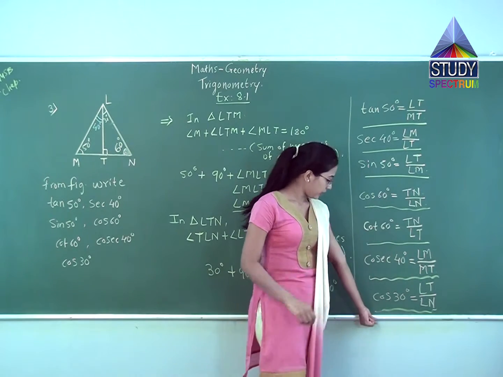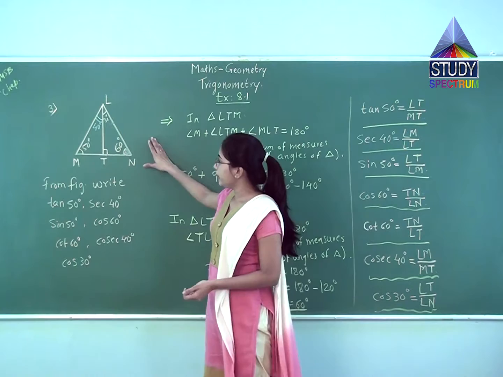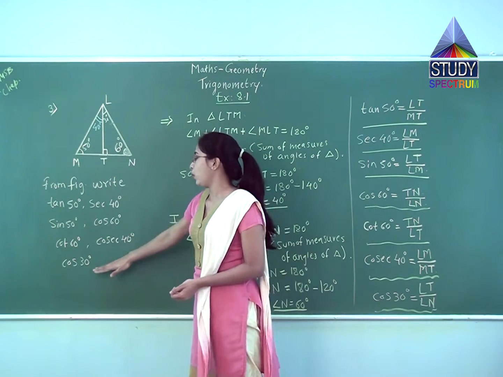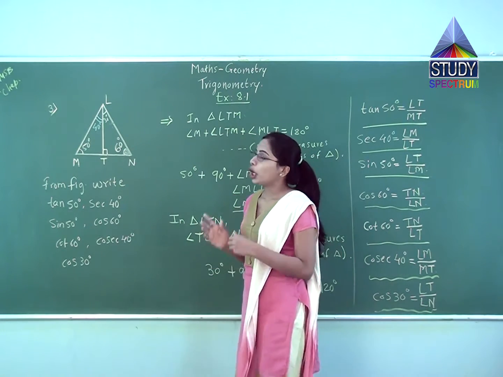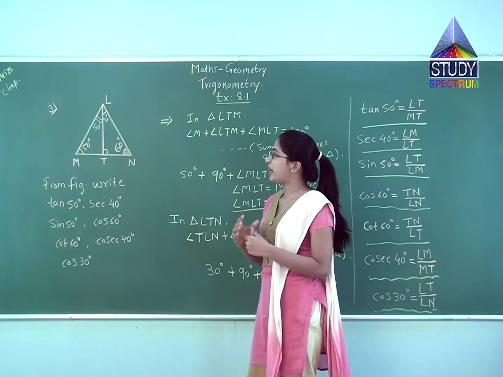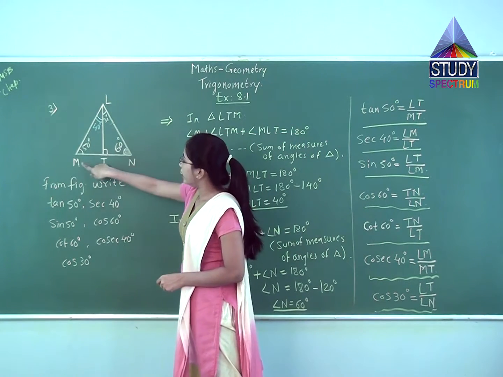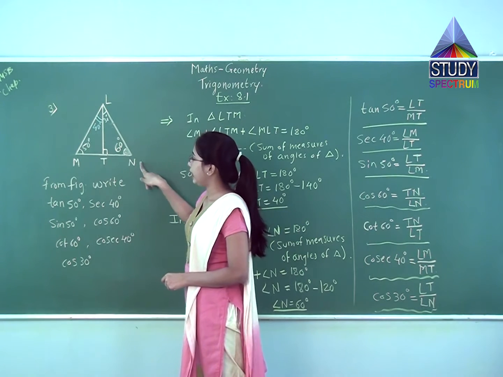So in this way we have written all the ratios. Let us revise this sum. This was the given figure and from this figure we have to find all these 7 ratios. In this case, the measures of two angles were not given, for angle MLT and for angle LNT.